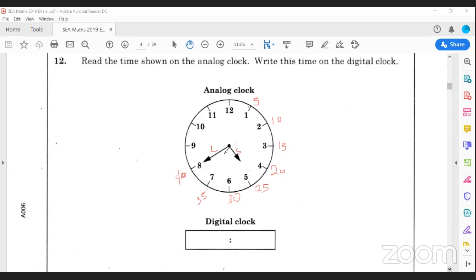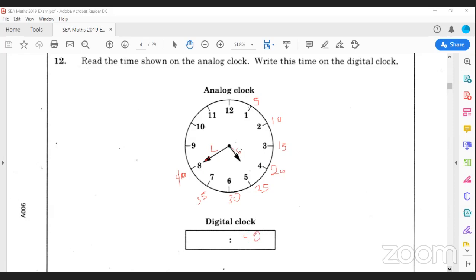When the long hand is on 1, it's 5 past. This long hand passed all here: 10, 15, 20, 25, 30, 35, 40. So we can see it's 40 minutes past. Where am I going to write that? I'm going to write the minutes past on this side.